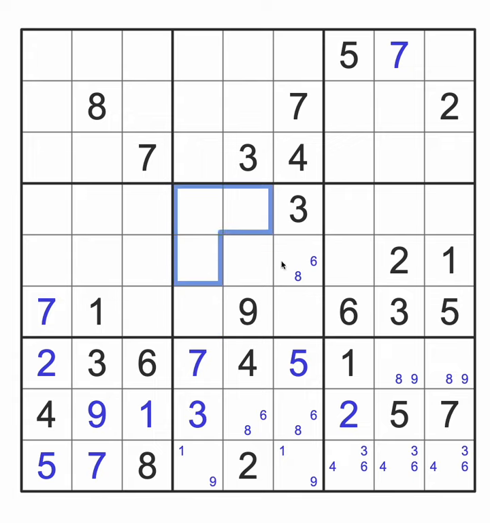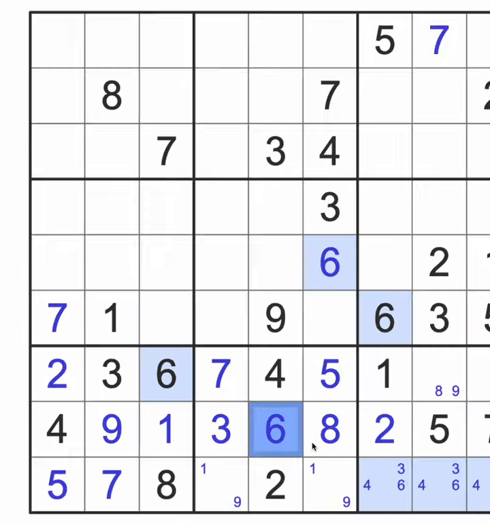So these cells cannot use 8, including this cell. So this is not 8, but it can only be 6, which gives me 8 and 6. And oh, sorry, come back.